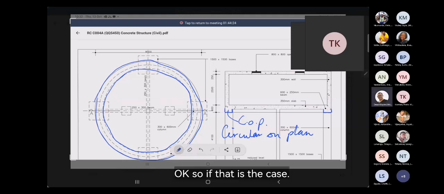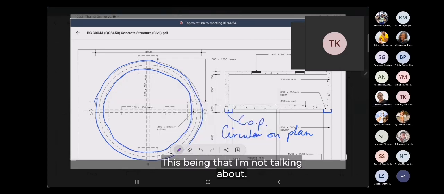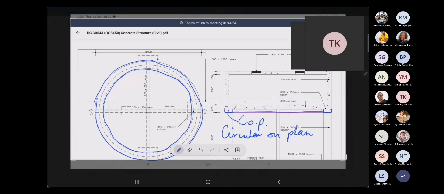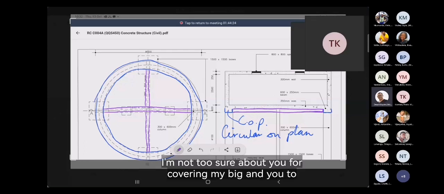So if that is the case, it means that this beam that I'm talking about runs there, or I can show it. There, that runs there. Okay? Got that.